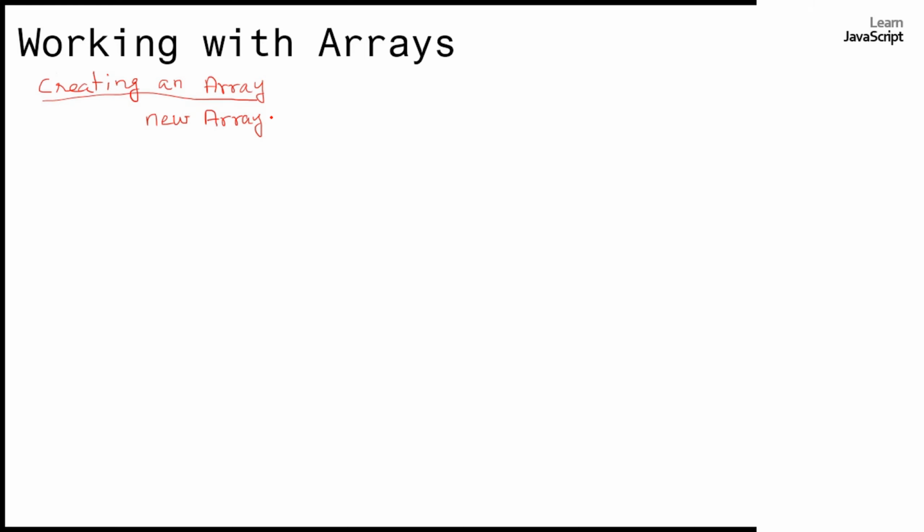Then you can open a parenthesis. Then you can place your array elements separated by comma. Here I'm creating an array of 4 elements. Next, you can assign these to some variable. So this is how you can create an array.